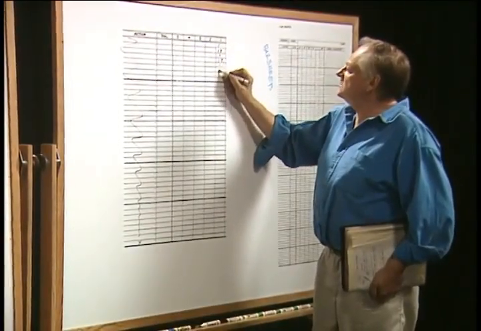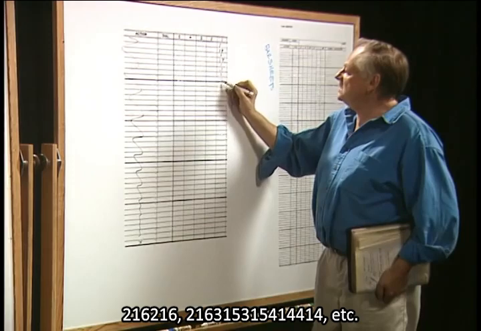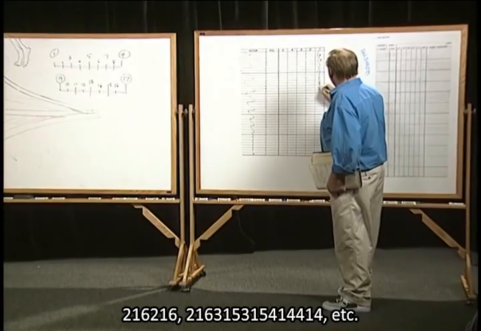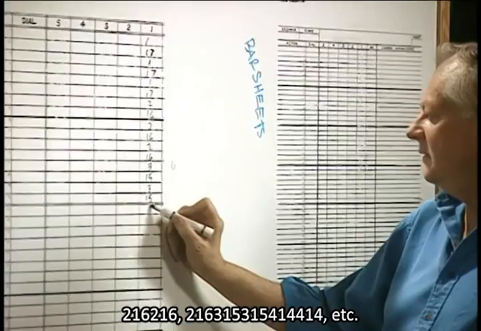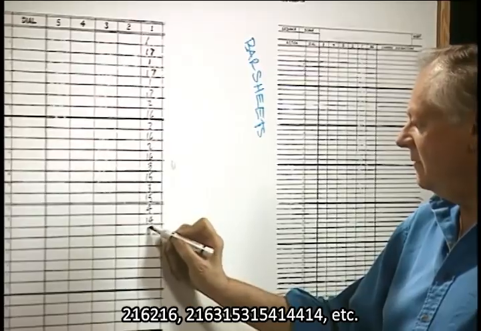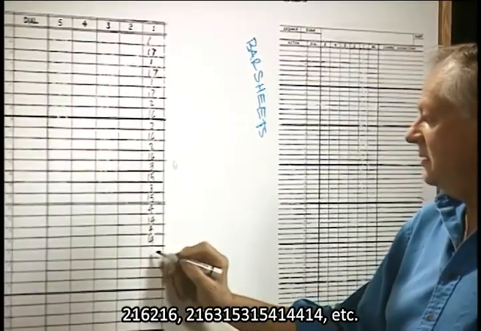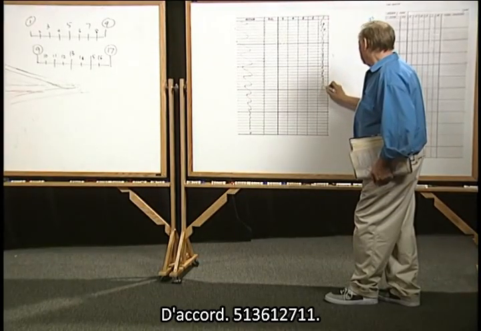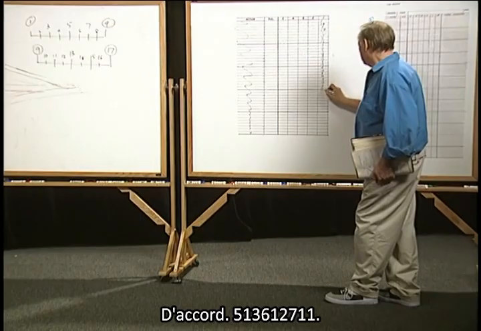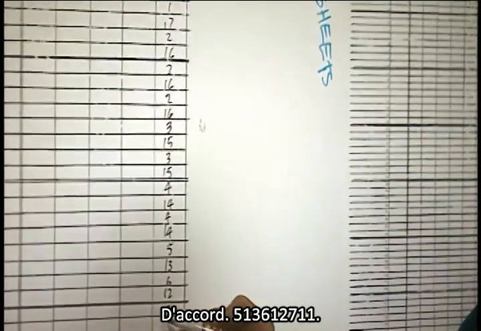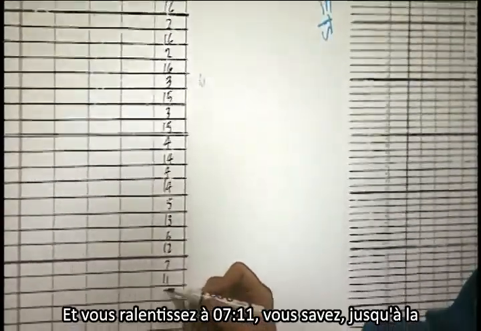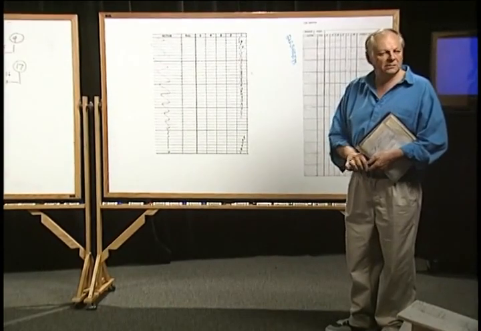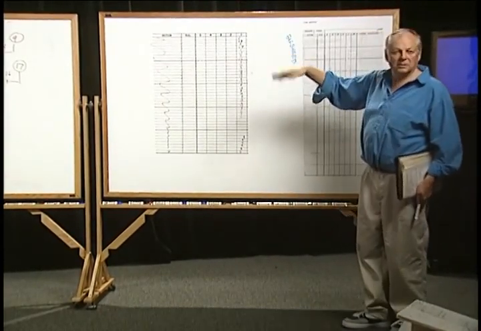Let's just go 1, 17, 1, 17, 2, 16, 2, 16, 2, 16, 3, 15, 3, 15, 4, 14, 4, 14, etc. Okay, 5, 13, 6, 12, 7, 11, and you slow up at 7, 11, until it ends. Okay? It's clear? Wobble, wobble, wobble.